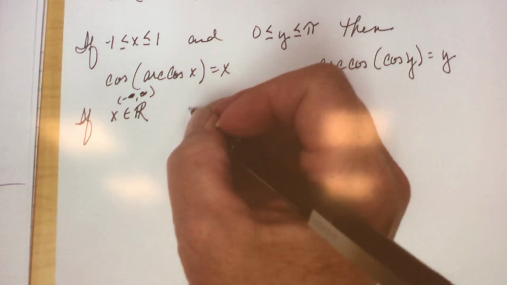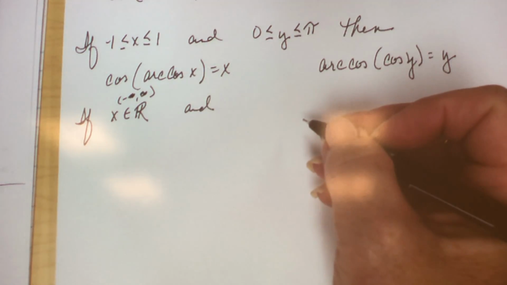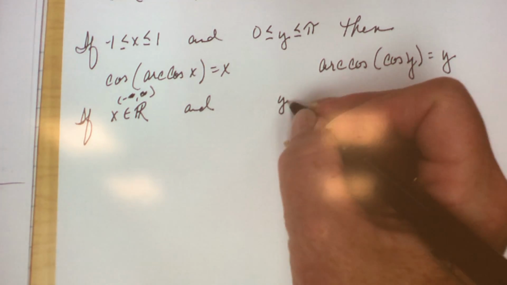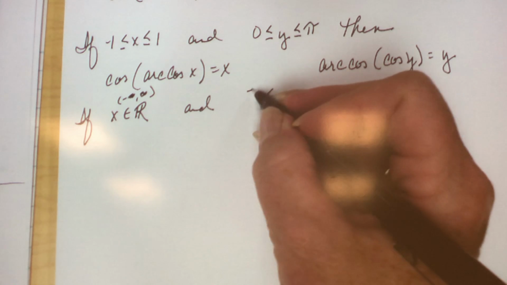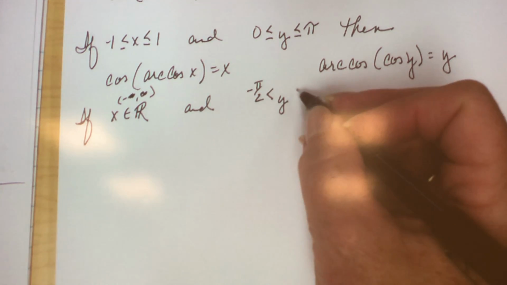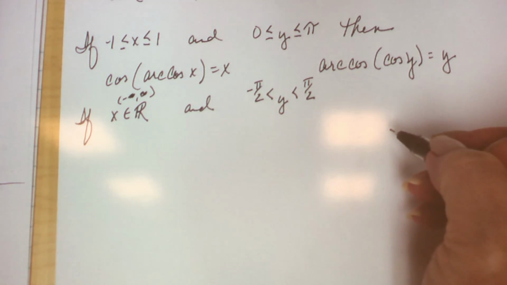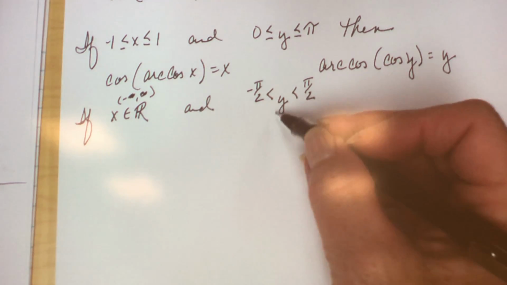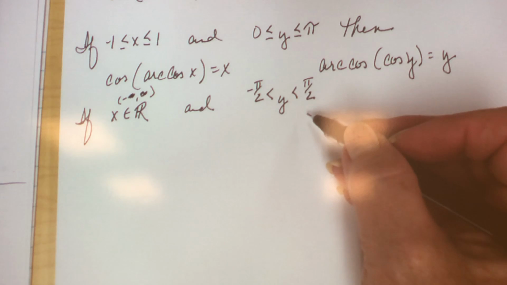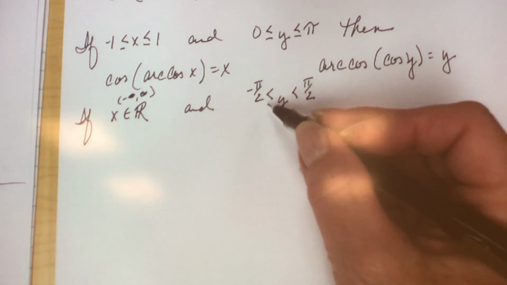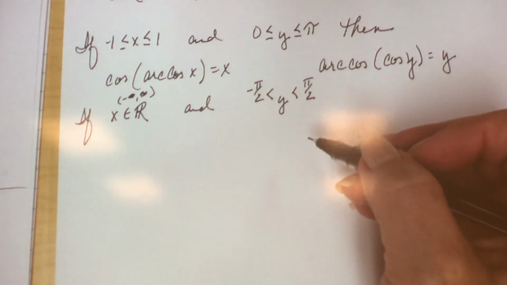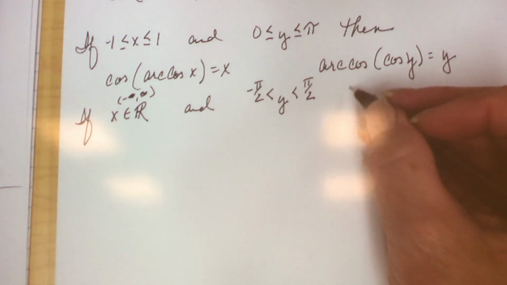And y is greater than negative pi over 2 and less than positive pi over 2. Notice I didn't put or equal to because those are my asymptotes, not greater than or equal to, but just greater than, confined between them.